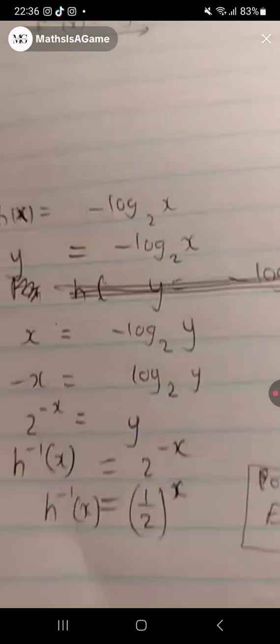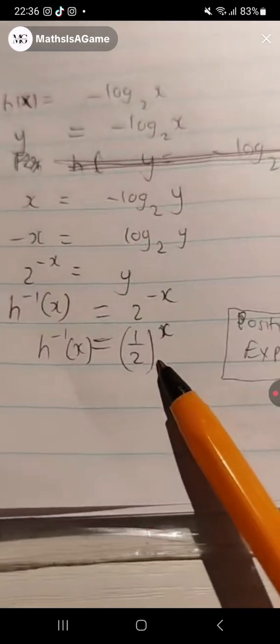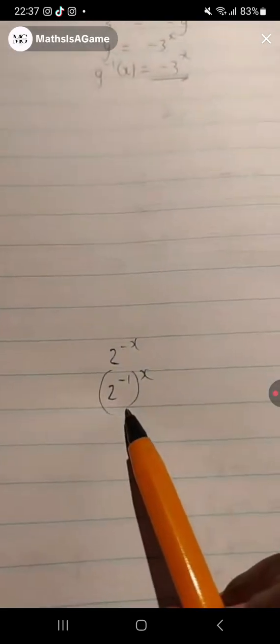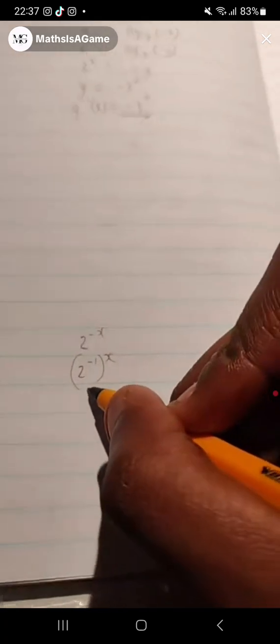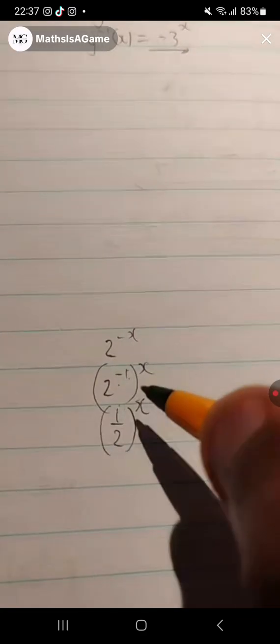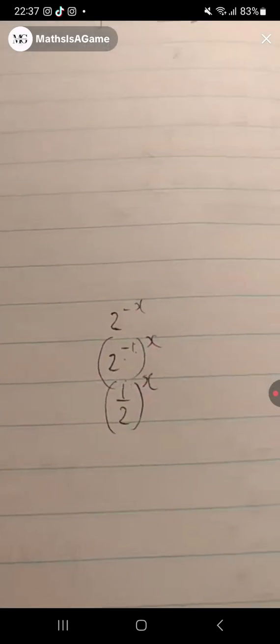Zingubani, what are you saying? 2 to the power negative x is the same thing as 2 to the power negative 1 raised to the power x. So then 2 to the power negative 1 is a half, because 2 to the power negative 1 is written as 1 over 2, all raised to the power x.